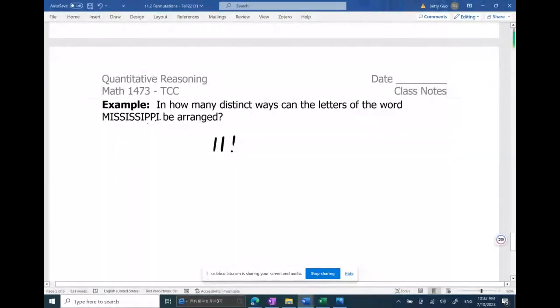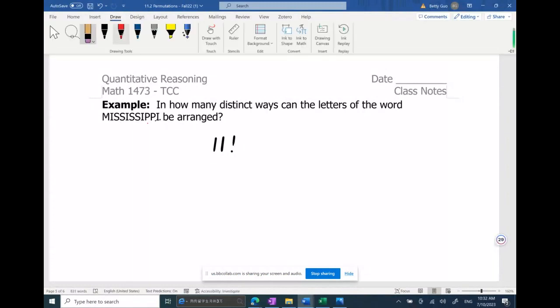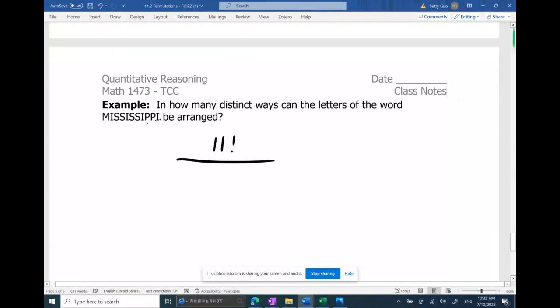However, we do have repeating items, right? P is by itself. We have no repeating. How many I's do we have in Mississippi? 1, 2, 3, 4. We have 4 I's, okay? Think about the 4 I's: I sub 1, I sub 2, I sub 3, I sub 4.